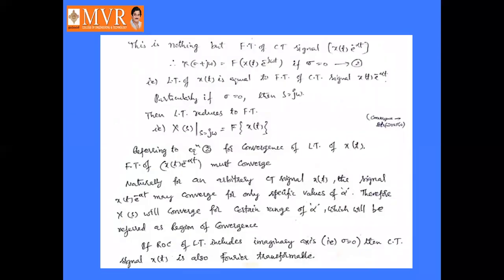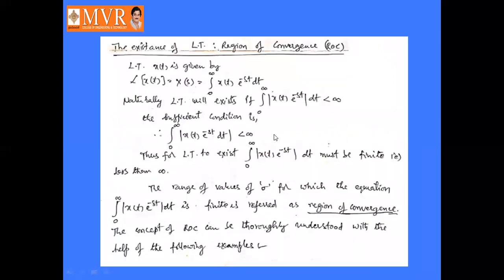So these two are related: the Laplace transform at s equal to j omega is nothing but the Fourier transform of x of t, right? That is the relation between the Fourier transform and the Laplace transform.